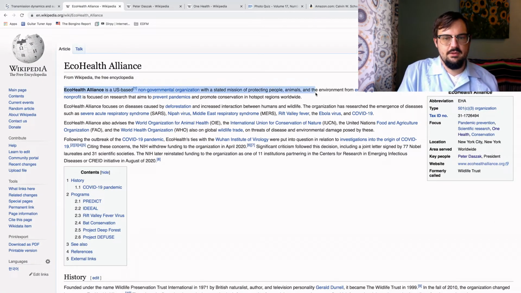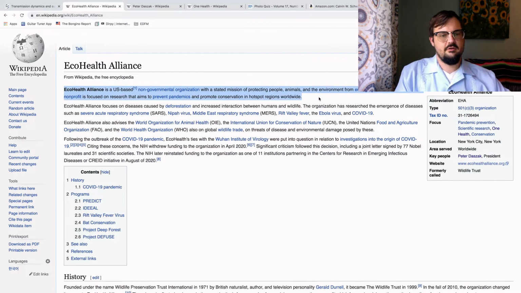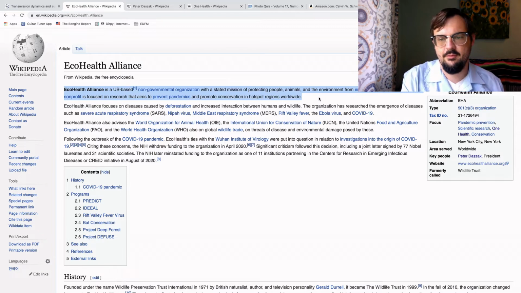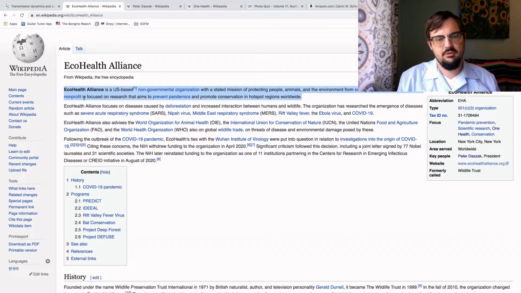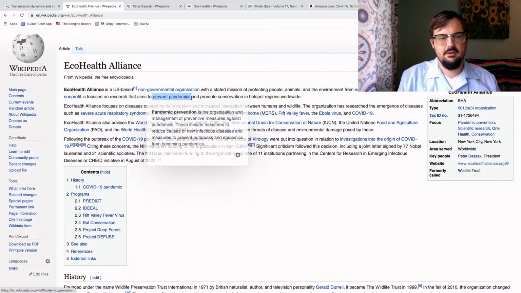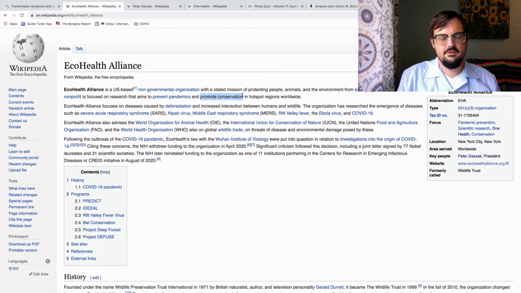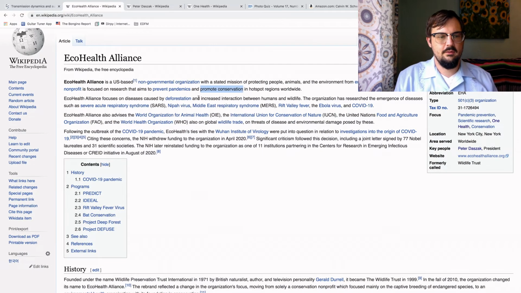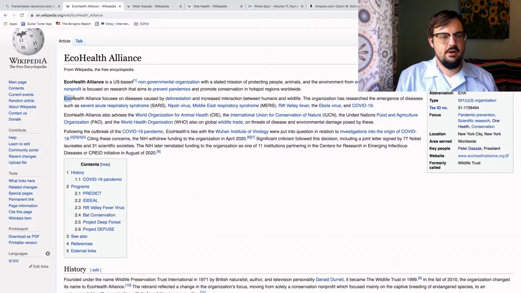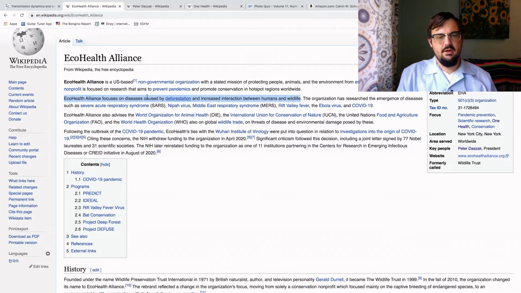EcoHealth Alliance, says Wikipedia, is a US-based non-governmental organization with the stated mission of protecting people, animals, and the environment from emerging infectious diseases. The nonprofit is focused on research that aims to prevent pandemics and promote conservation in hotspot regions. So preventing pandemics, promoting conservation, two sides of the same coin. Because EcoHealth Alliance focuses on diseases caused by deforestation and increased interaction between humans and wildlife.